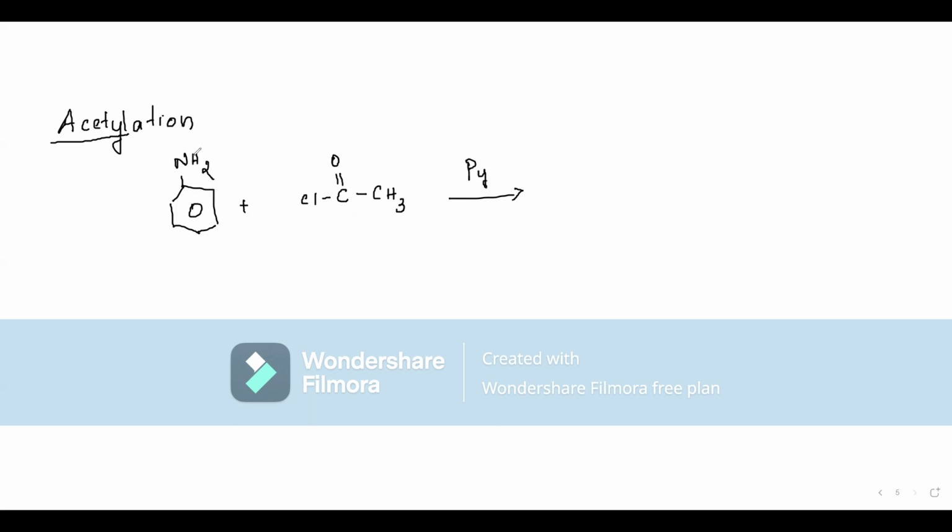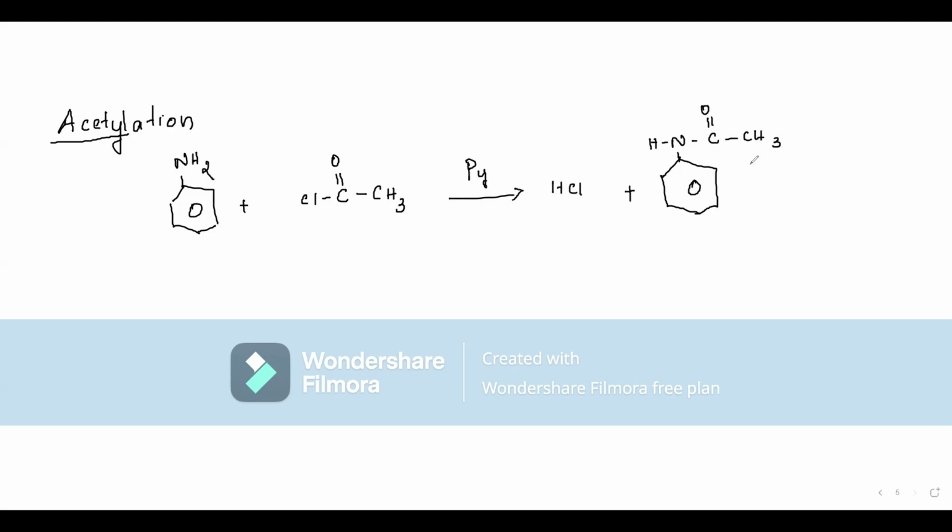Now H and Cl, as told earlier: from aniline, remove the hydrogen, and Cl from acetyl chloride, you get HCl, and there remains your benzene ring, N with one hydrogen, the other hydrogen is removed, and now you have C double bond O, CH3 in it.